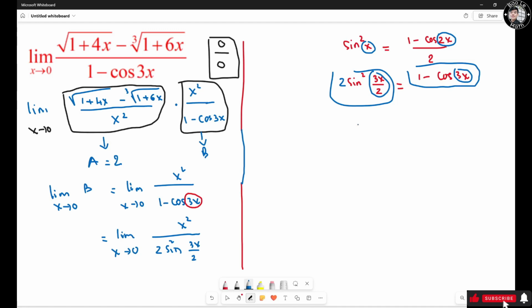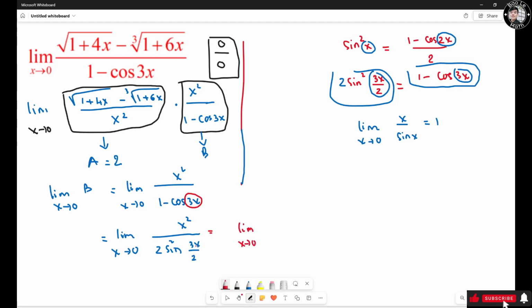Now you have the formula: the limit of s over sine s when s approaches 0 equals 1. So I just rewrite this one as the limit when s approaches 0.